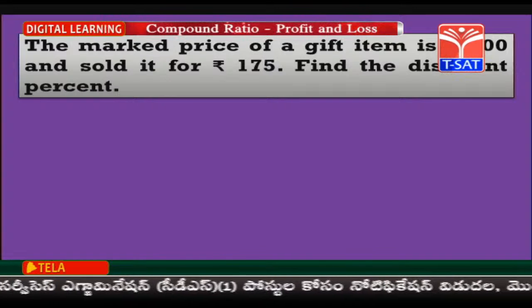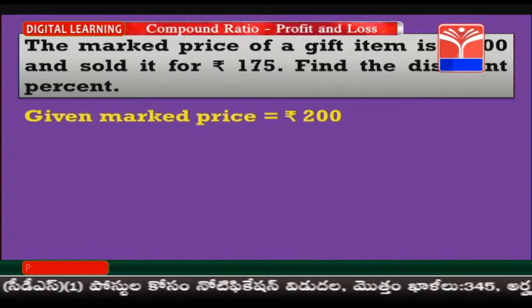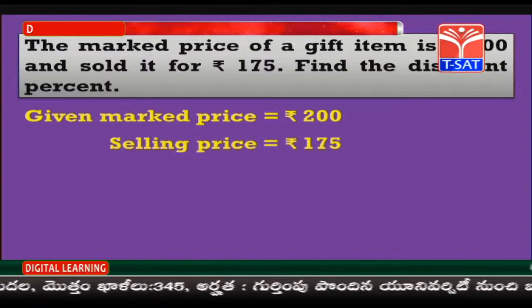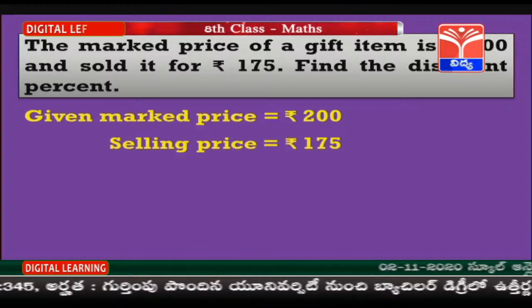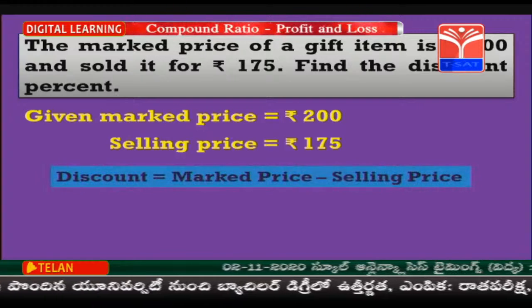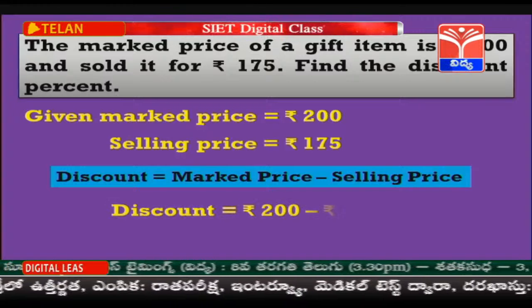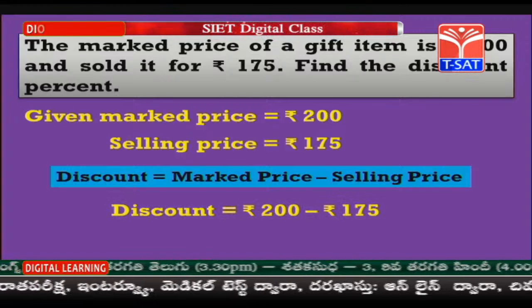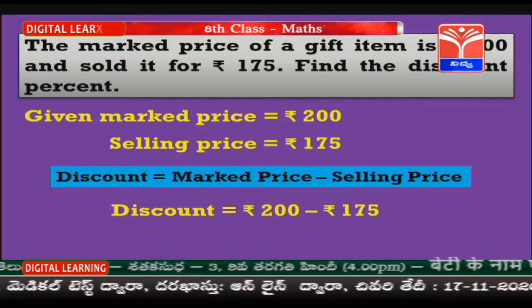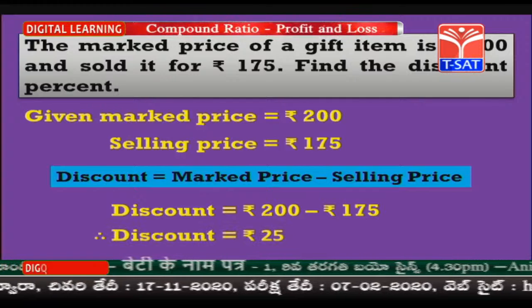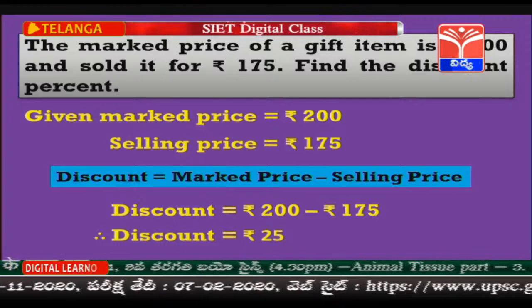Let us start. The given mark price is 200 rupees, whereas the selling price is 175 rupees. Children, now let us substitute these values in the formula. So, discount is 200 rupees minus 175 rupees. On subtracting, we get the discount as 25 rupees.